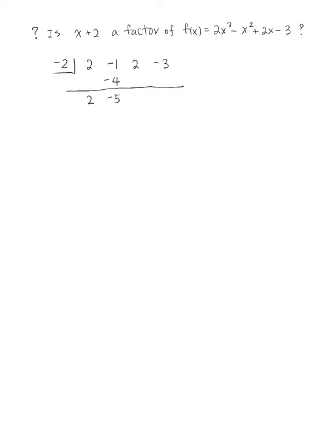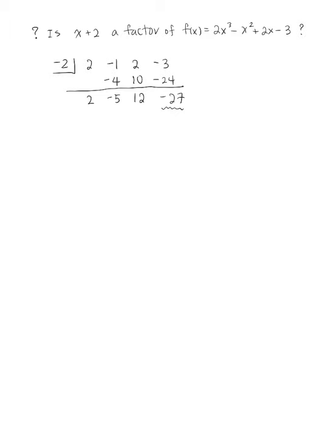Multiply negative 2 times negative 5, which you're going to get 10. Add, you get 12. Multiply negative 2 times 12, so that's going to give us negative 24. So look at it. We're going to have a remainder of negative 27, as we expected.